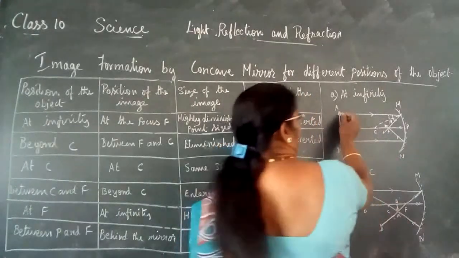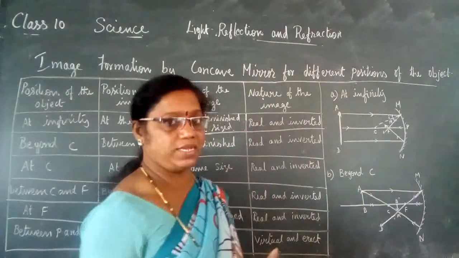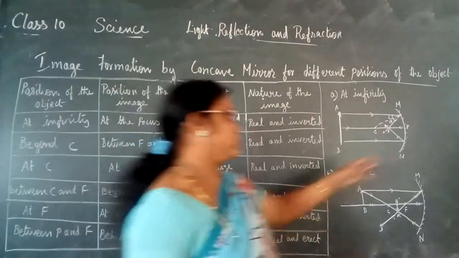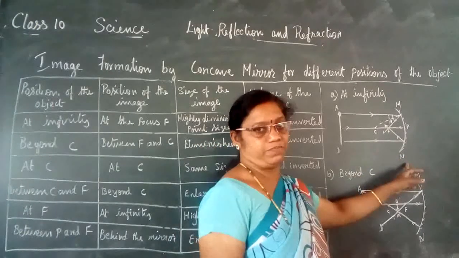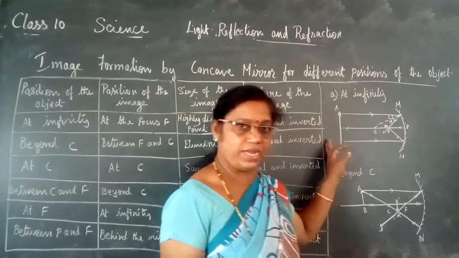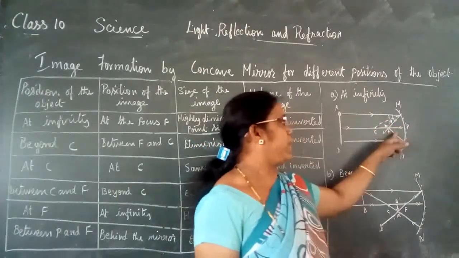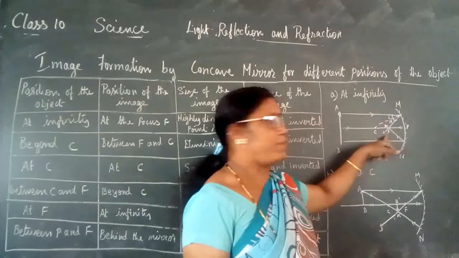Hence, this is the distant object which is placed at a far distance. We are focusing it using the concave mirror. So when we focus a distant object which is at infinity, the ray which travels parallel to the principal axis passes through the principal focus.